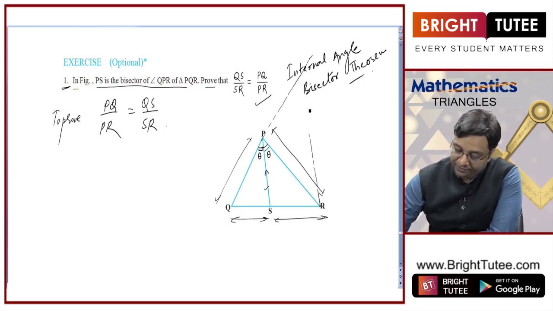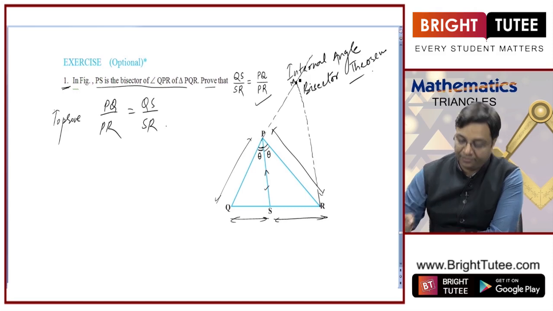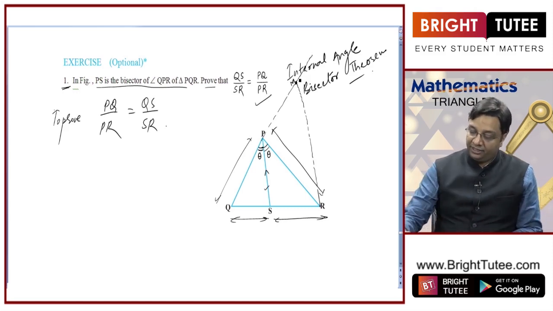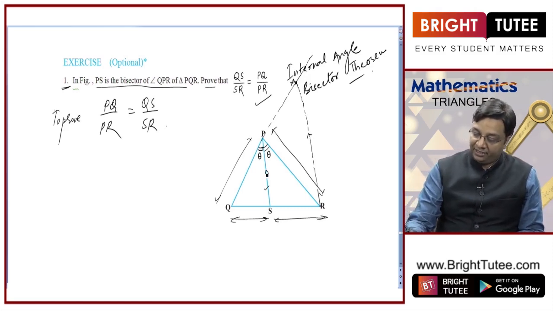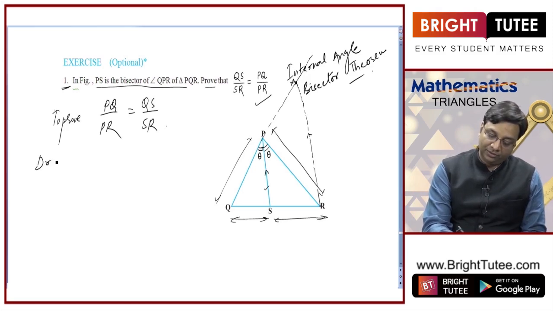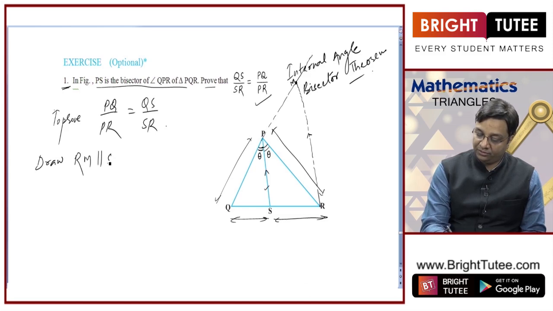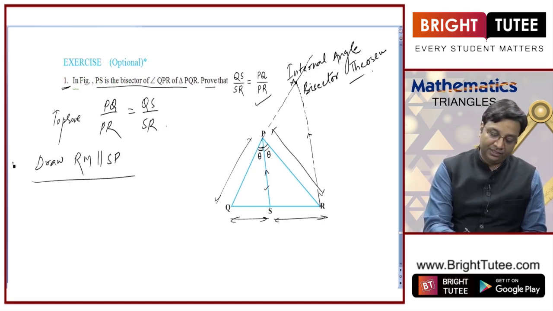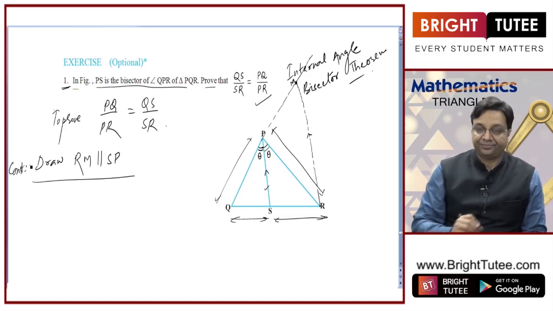Let us say this point is M. Now this line is parallel to PS, so draw RM parallel to SP. This is the construction that I am doing here.